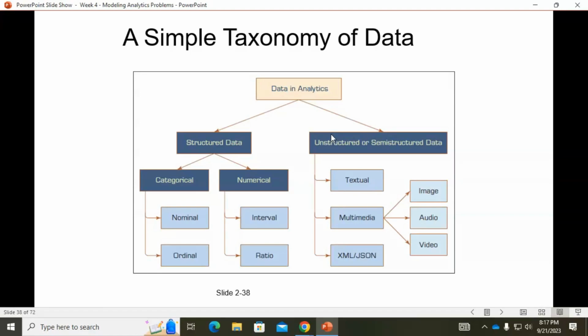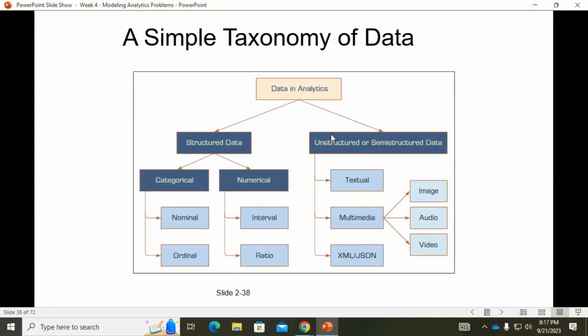Similarly, with things like multimedia, there's a whole area of research surrounding taking images, audio, video, and turning it into workable quantitative data. That's been going on for at least 10 years. And then things like XML or JSON data, that has some structure to it, right? So if you write an algorithm, you can quickly process what's on a page.